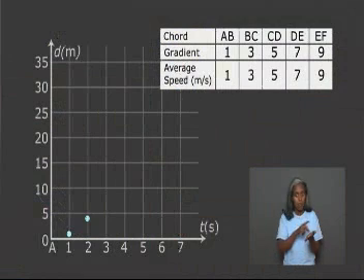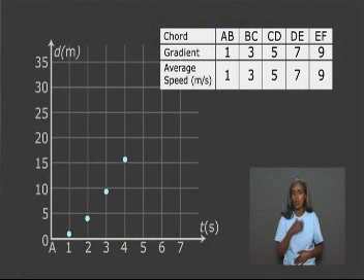We can see from the table that different distances are covered in equal intervals of time. Therefore, our position time graph will not be a straight line. Let us verify this by drawing the graph. We can plot each point from the table of values, then we draw our line.